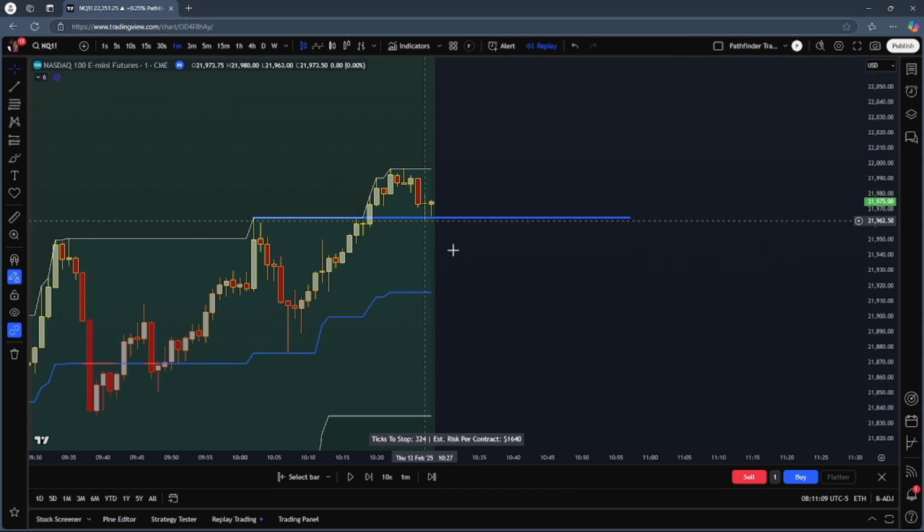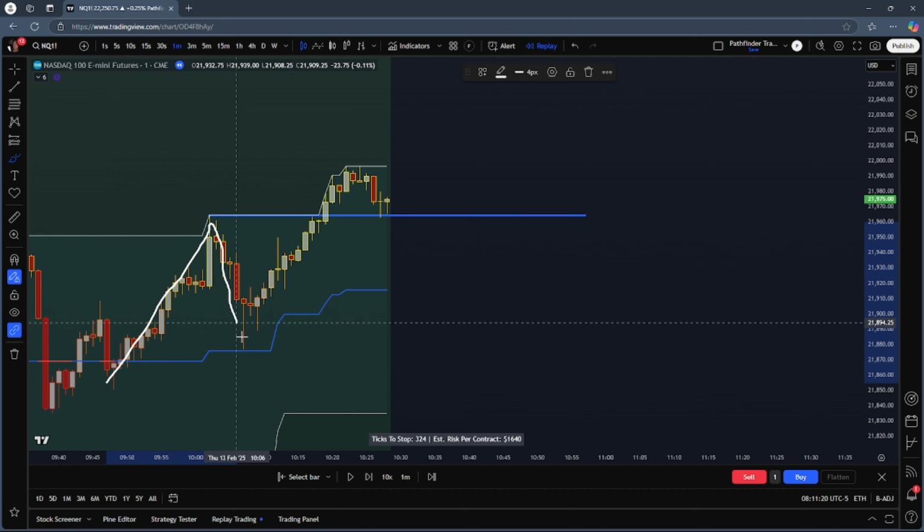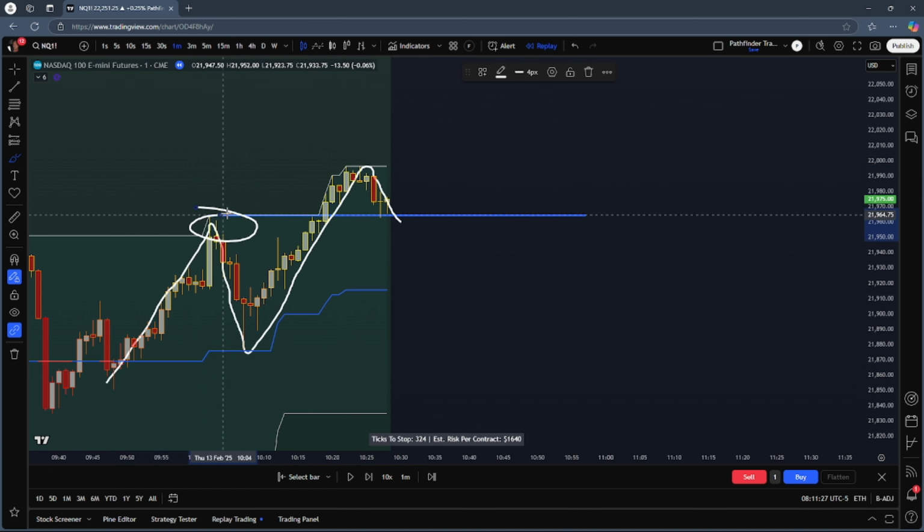And that right there is your entry. When you see support from the previous high in the market, so the market pushes up, comes back, makes a higher high, pulls back to the area of the high here, finds support, and then the market should continue.